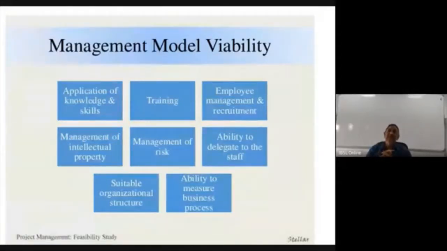New research and training is very vital in management model viability analysis. Then other components are employee management, HR management. Managing the employees is also another art and a very good skill. How best you manage your staff.